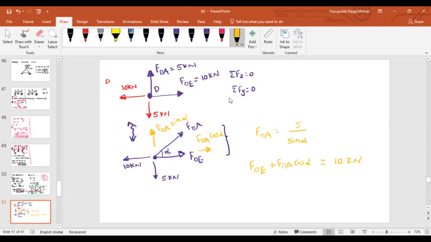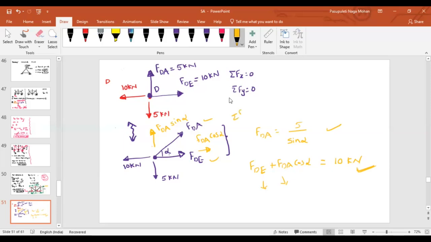That means out of these two unknowns, if I write this equation first, can I know any of these components? No, sir.